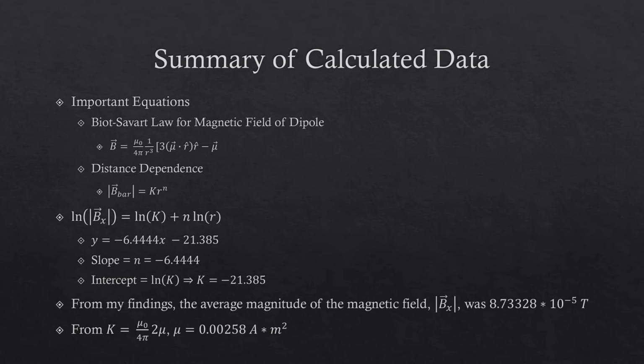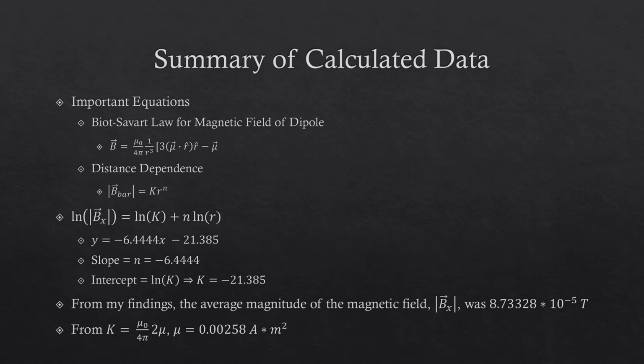Now this is a summary of the calculated data from my lab experiment. Here we have a couple of important equations. The first one is the Biot-Savart law for the magnetic field of a dipole. The second one is the distance dependence equation for the magnetic field. Taking the logarithm of both sides of the distance dependence equation gives us the equation of a line that compares the magnitude of the magnetic field to the distance from the magnet.